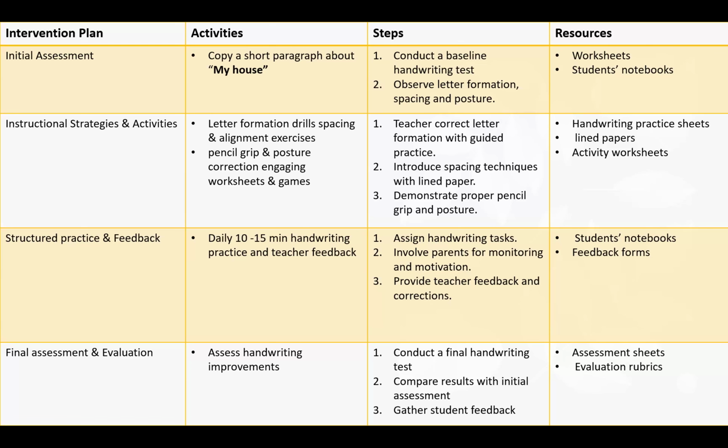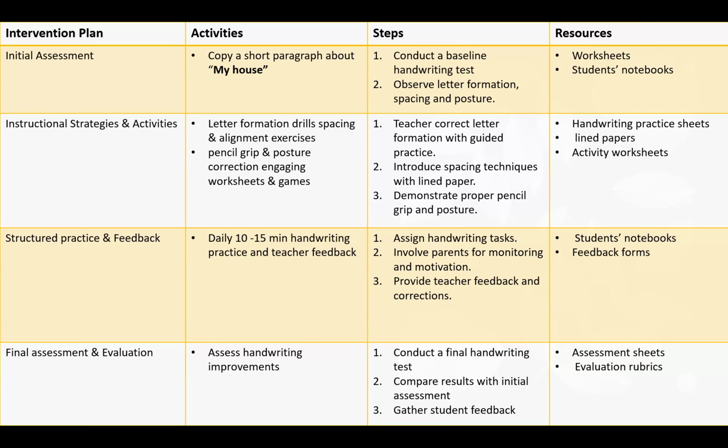Another step is final assessment and evaluation. At the end of the intervention, the students will complete a final handwriting assessment similar to the initial test. Their work will be compared to the pre-test to evaluate improvements in letter formation, spacing, and clarity. To ensure structured evaluation, I plan to use evaluation rubrics to measure specific areas of handwriting improvement.